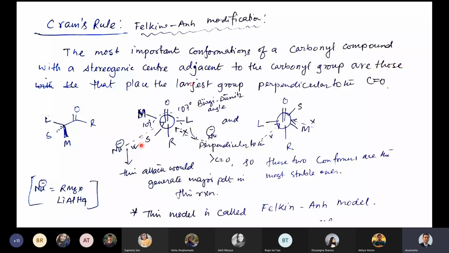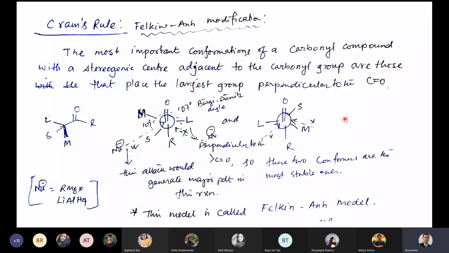Attack from this direction will not be favorable because you have the large group. Similarly, in this case, attack from this direction will not be favorable because you have the largest group. In this one, attack will be favorable because you have the medium group. So in this case, you will then get one product where the nucleophile is attacking from here.